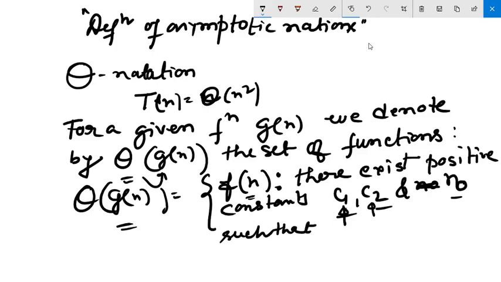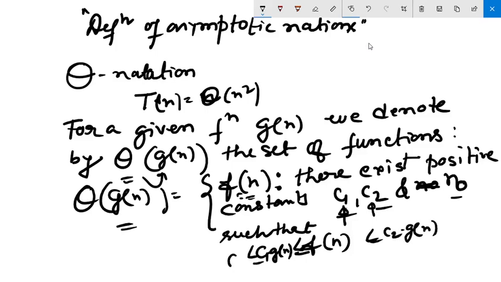Remember very carefully, such that Fn, this function, should be greater than or equal to C1 gn and less than or equal to C2 gn, and this should be greater than 0 for all n greater than or equal to n0.